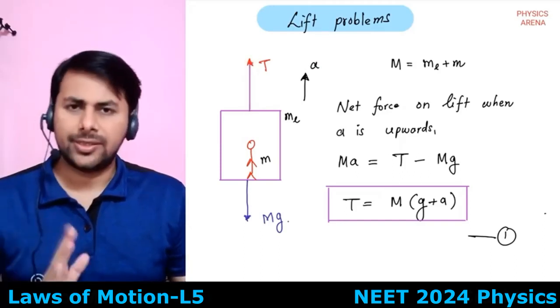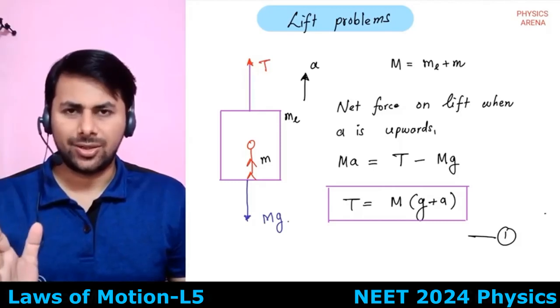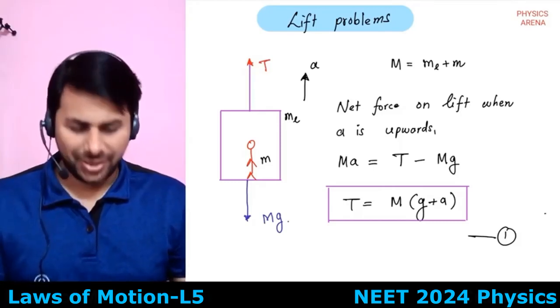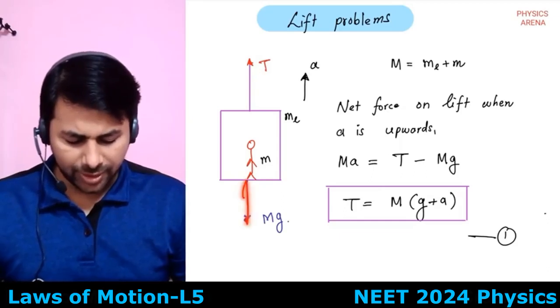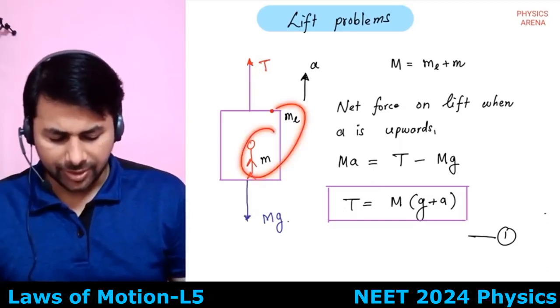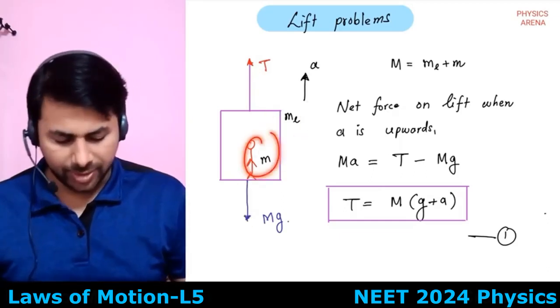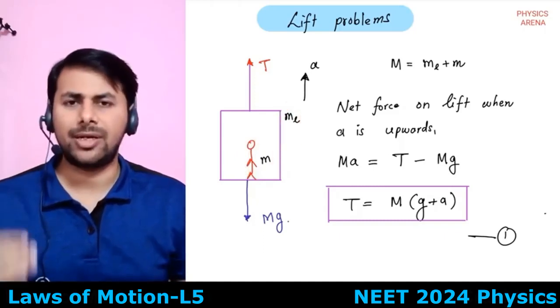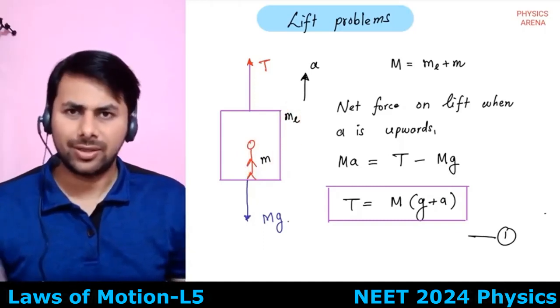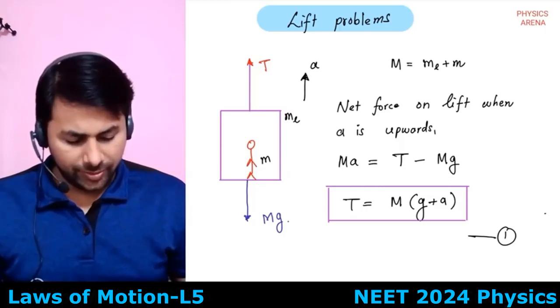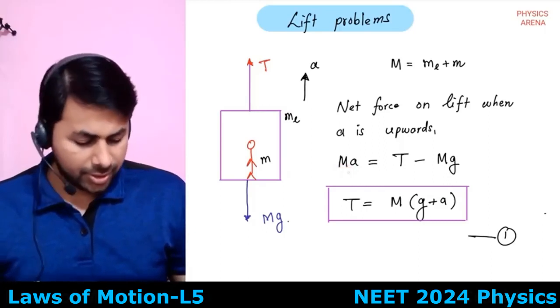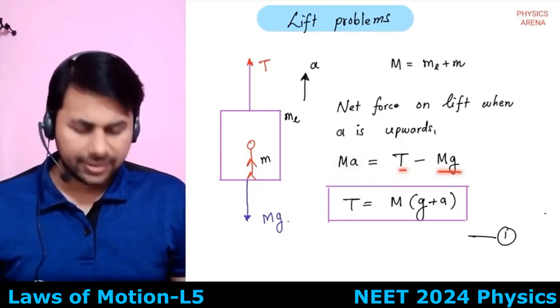The force upwards is the tension in the rope of the lift, and the total downward force is the weight of this system, the total mass multiplied by the acceleration due to gravity. So the net force is equal to T minus mg.